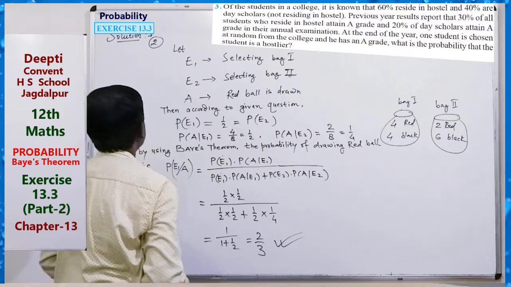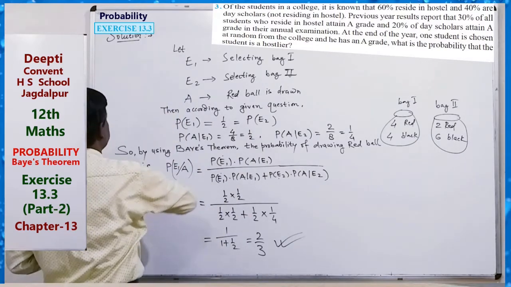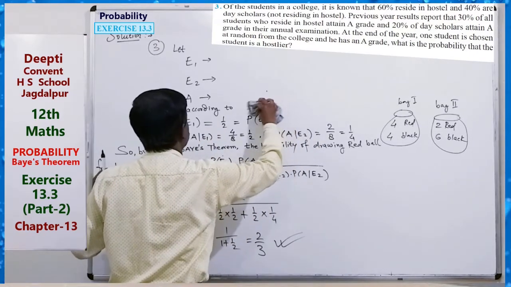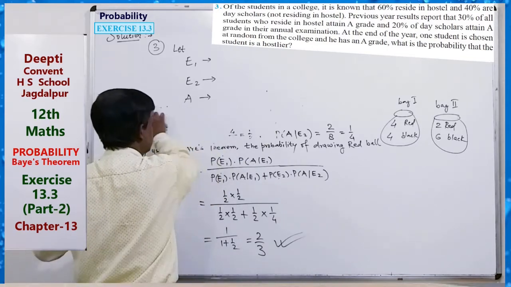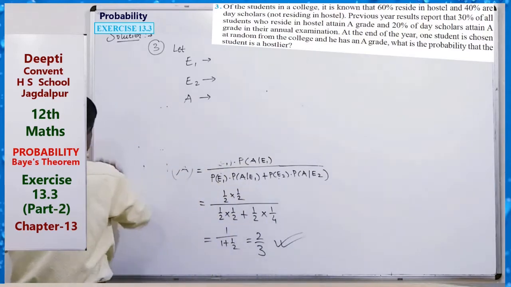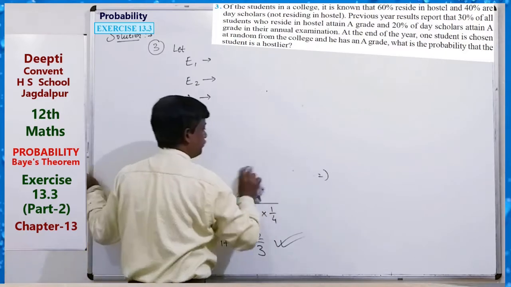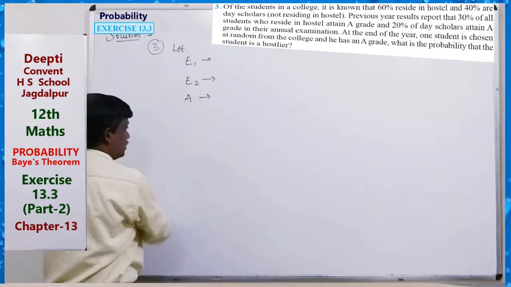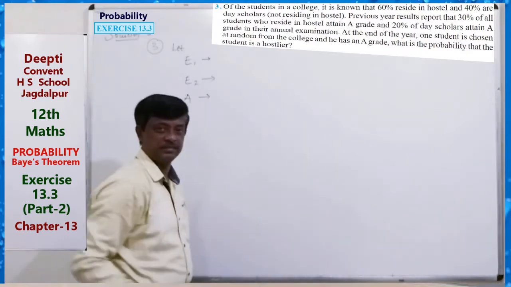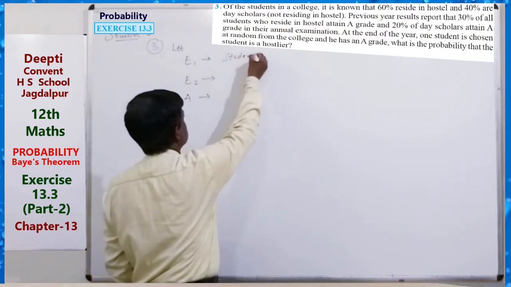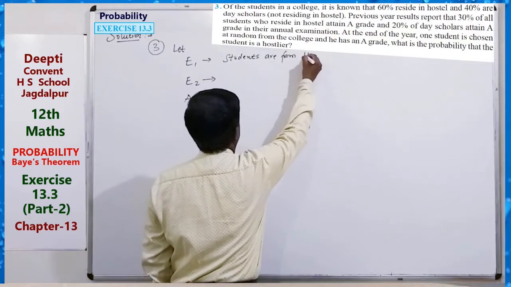Just take question 3. Here E1 means students are from hostel.